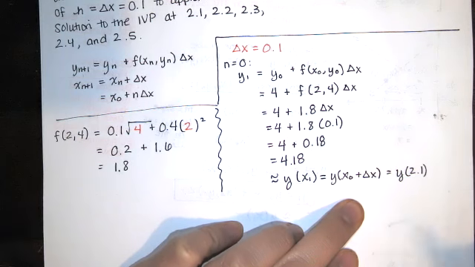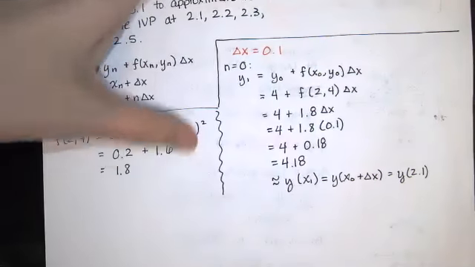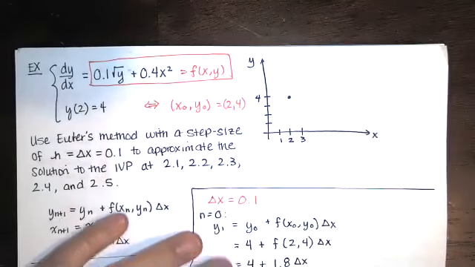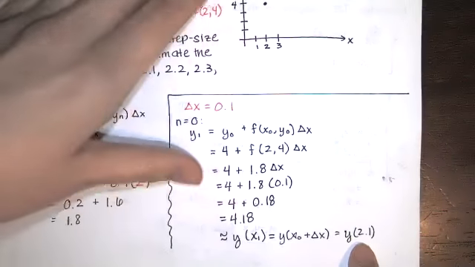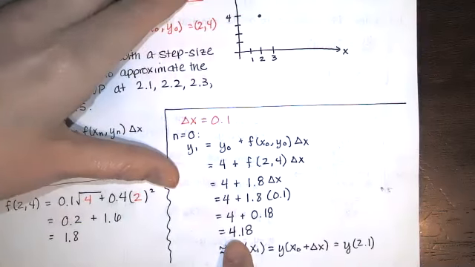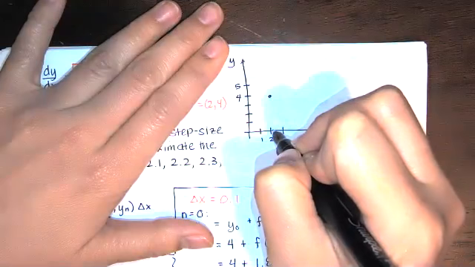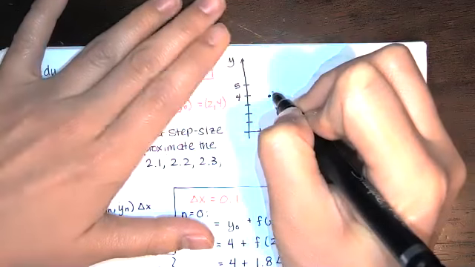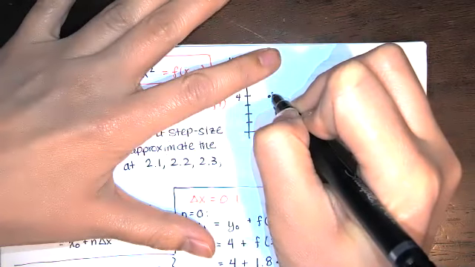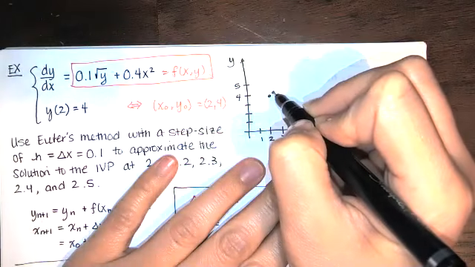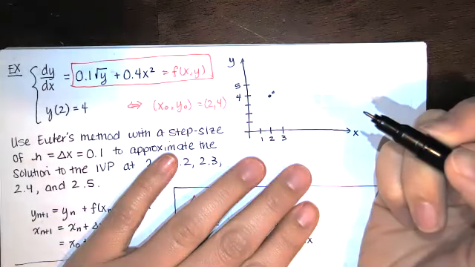So that's at x equals 2.1. Now this is not going to be to scale, but this is saying that at x equals 2.1, y is approximately 4.18. That's our next xy pair. So that's x naught, y naught, and that's x1, y1.